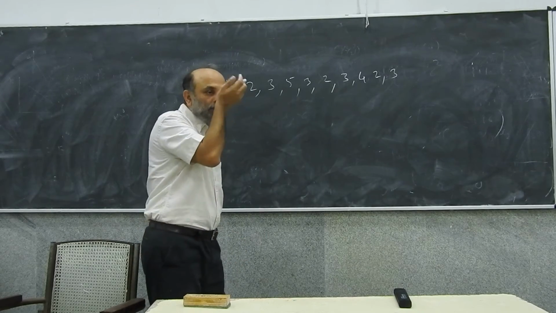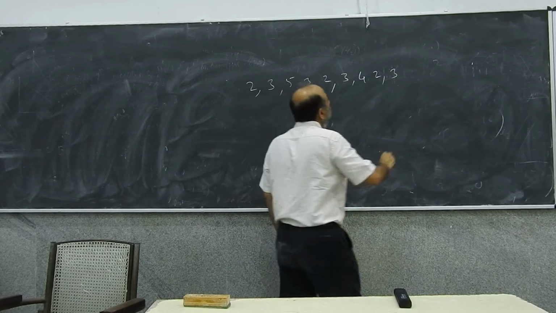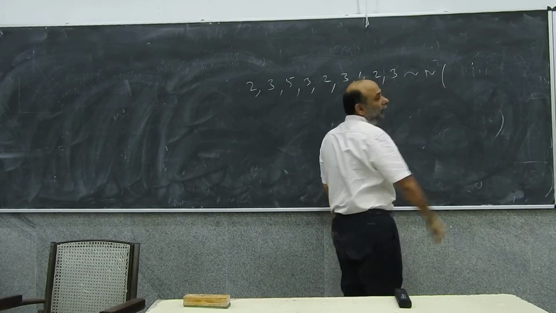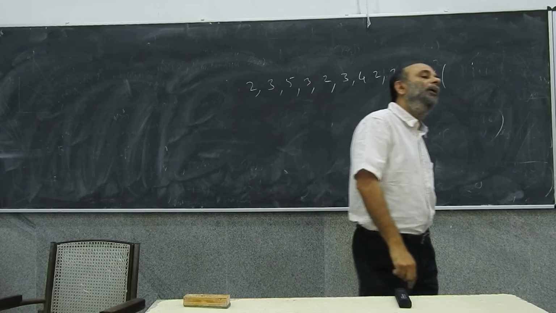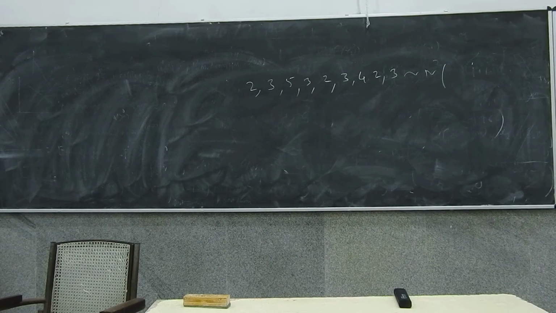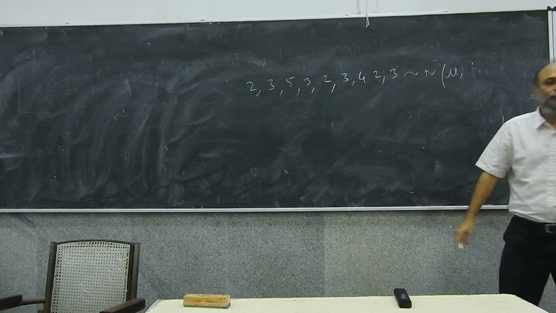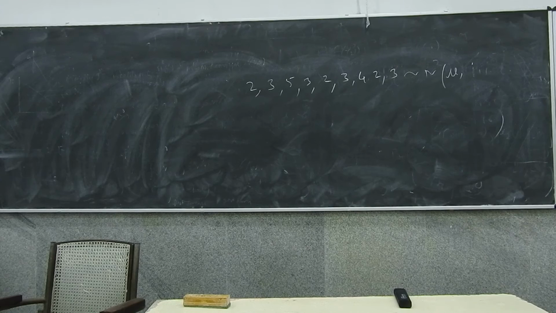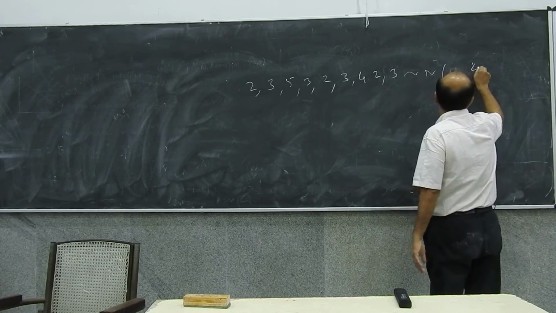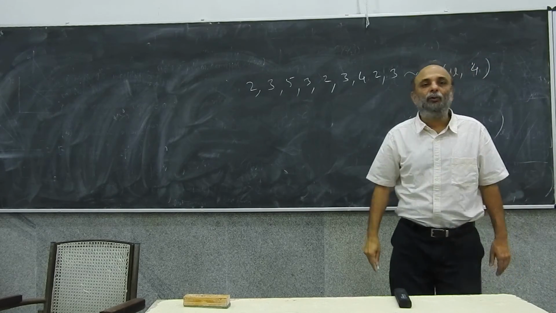Now suppose I tell you that this is a sample from a normally distributed population with some unknown mean mu, and a known variance equal to 4.